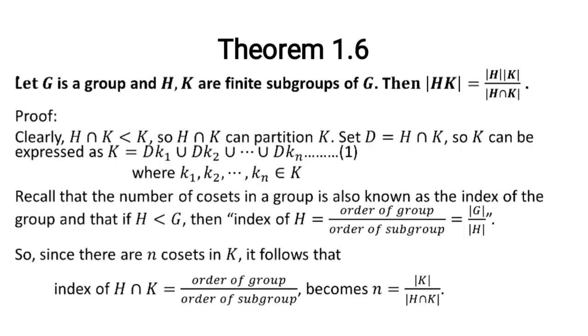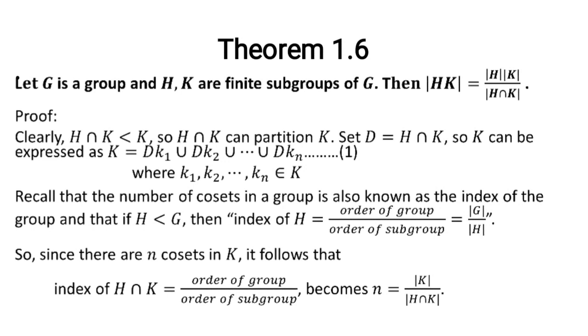And now we go into a theorem. The theorem states: let G be a group, and H and K be finite subgroups of G. So you have a group G, and H and K are finite, which means you can count the number of elements in both of them.